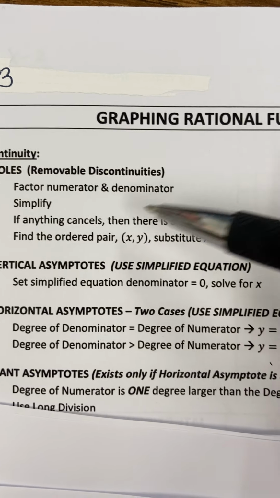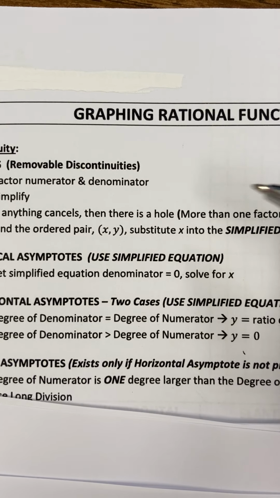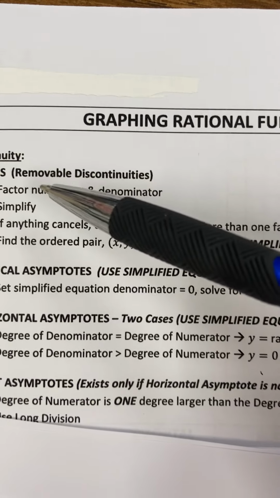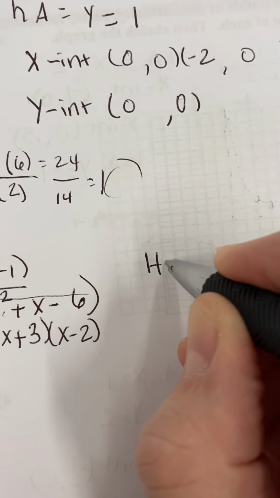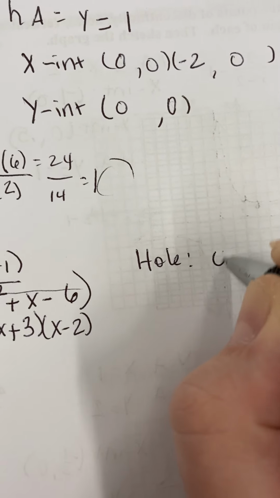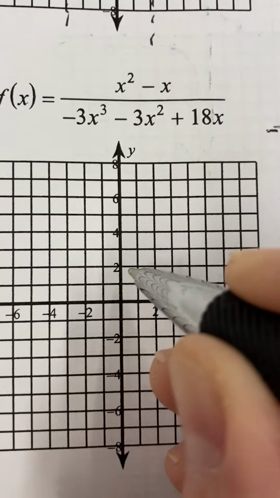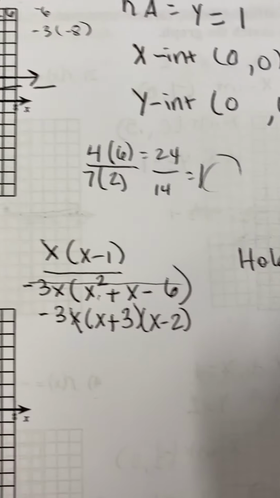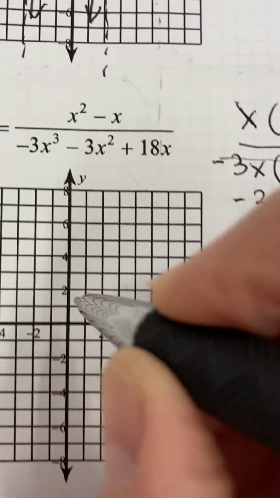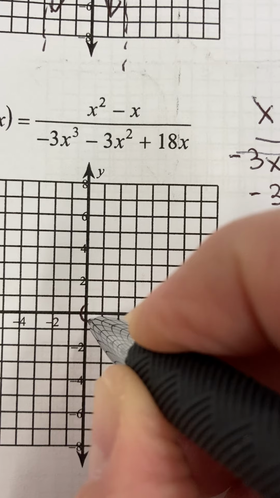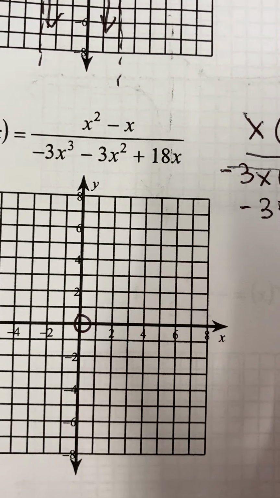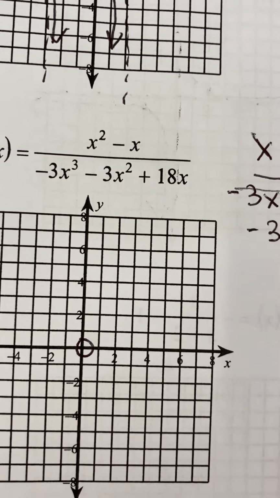Because if anything cancels, then there is a hole. So the x and the x canceled, and that was your 0. So we are actually going to have a hole at 0. It says plug it back in, but since it was pulled out, 0, it's going to be my hole. So you have a hole at x equals 0.